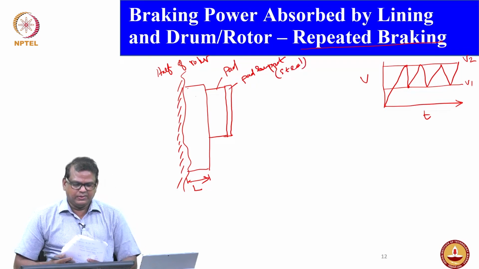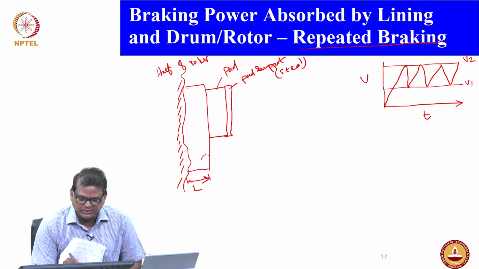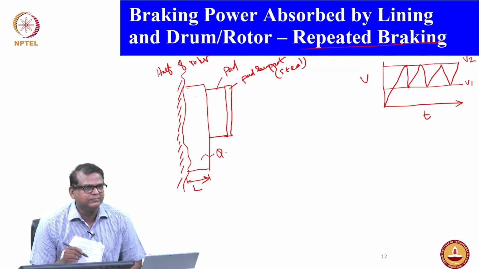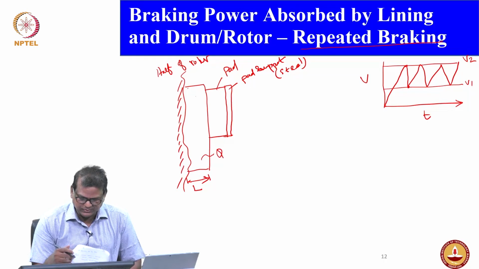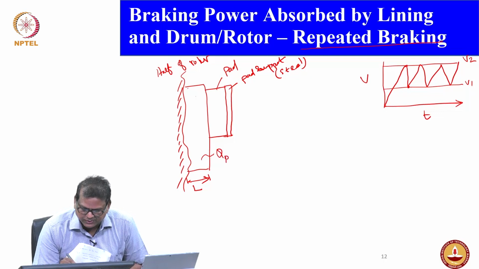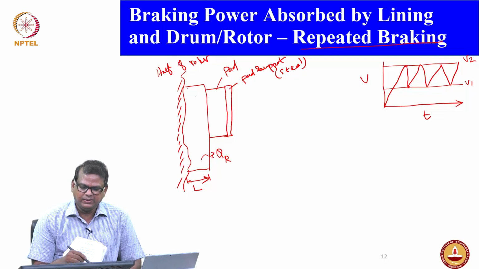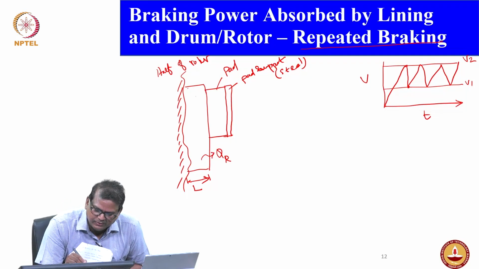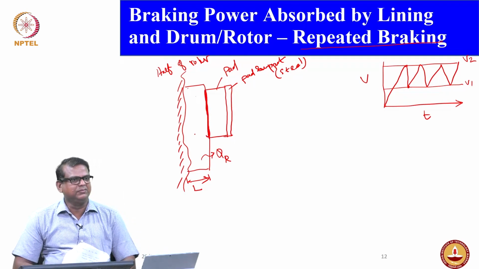Okay. Tell me, what things do you expect here? Do you not expect convective heat transfer on the rotor? You expect the convective heat transfer. What else? What happens between the rotor and the interface of the brake lining? Is it convective or conductive? It is conductive, right.